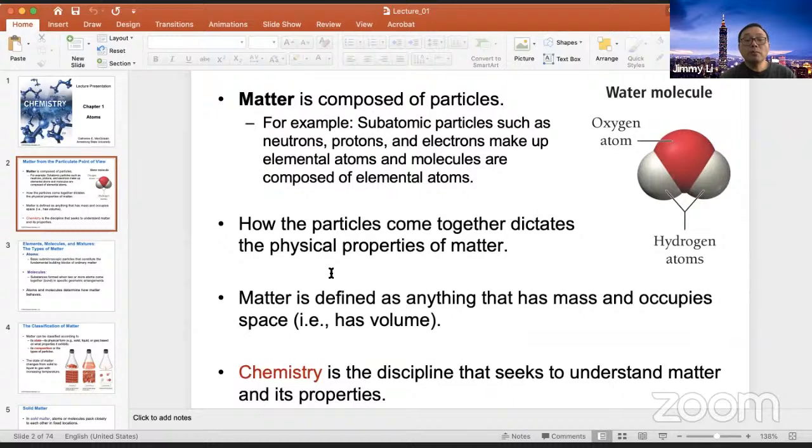This is a chapter. You can call this a study of matter, or this could be a definition of chemistry here. Chemistry is really an important discipline. Some schools have chemistry in the field of biology.